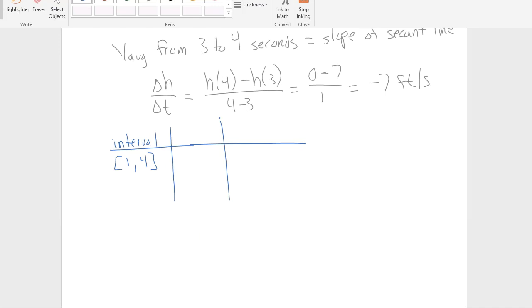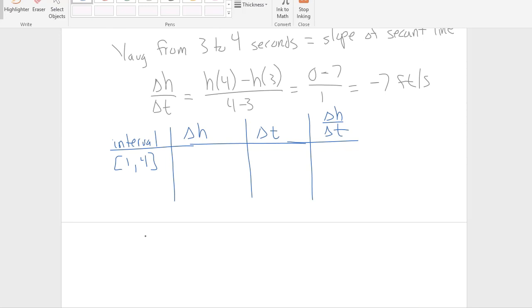The first thing we did was find the rise, so we're going to find our delta H, and then we're going to find our delta T. The change in height was the numerator of our slope, the change in time was the denominator of our slope, and then we're going to find the average, delta H over delta T. And I'm going to put in the data that we've already calculated.